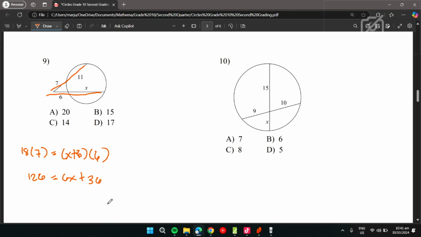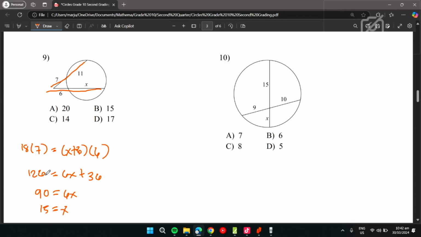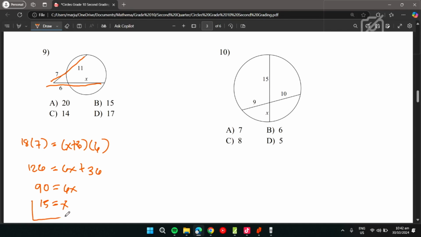Alright? So what is this? This is just 90, right? 90 equals 6x. Divide both sides by 6. So we have 15 equals x. So our answer is 15. So what letter is 15? That is actually letter B. Alright? Letter B. Correct.